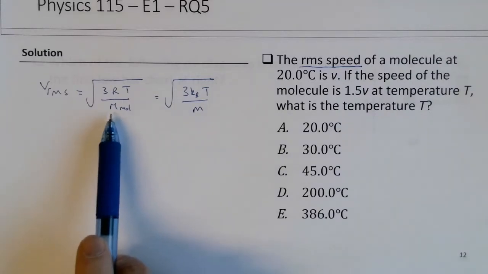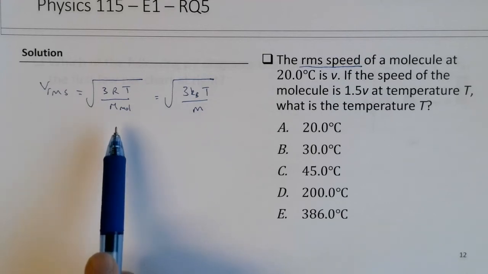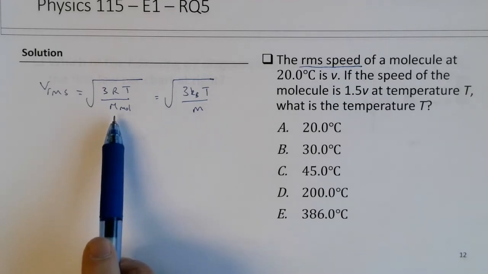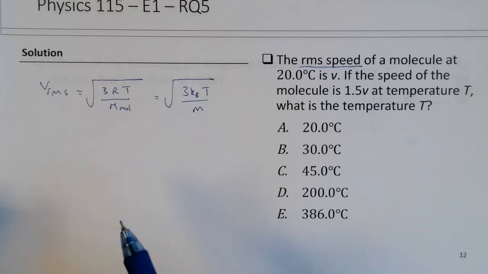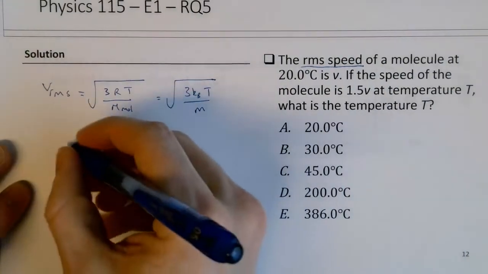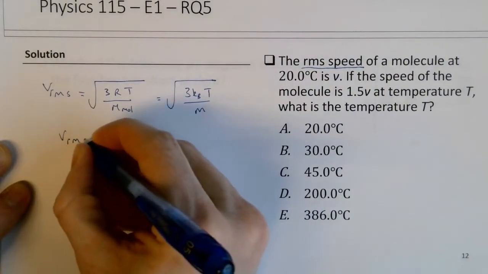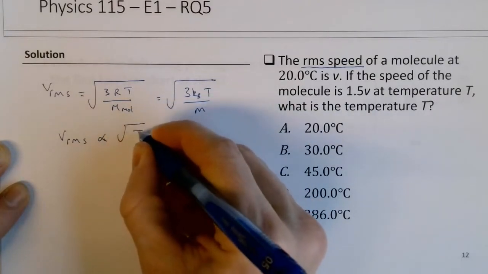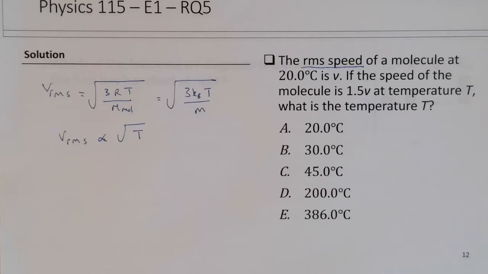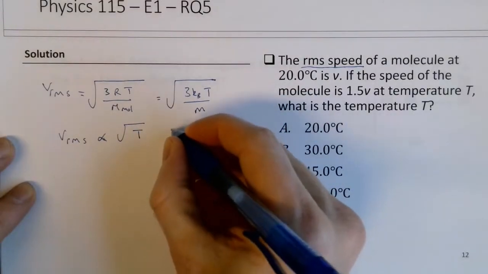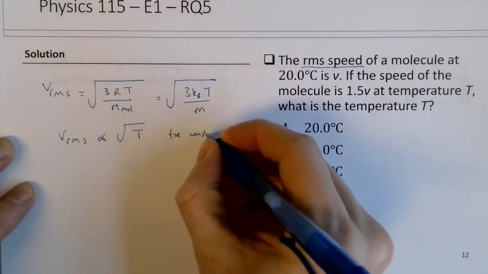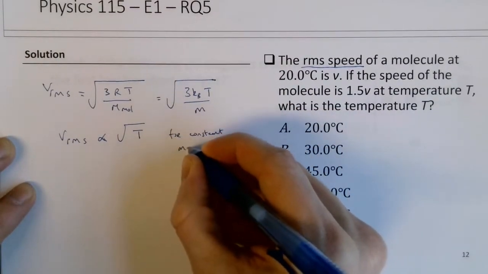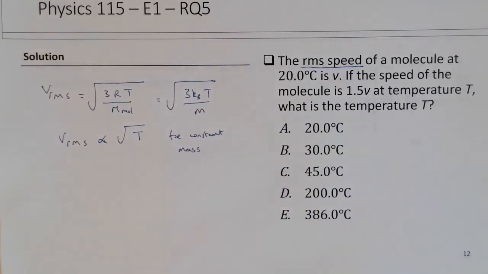So for a given molecule or a single atom, the RMS speed is proportional to the square root of the absolute temperature. So it's proportional. This is where I said it was a proportional reasoning problem. Sort of scaling, and thinking about how quantities scale with each other. So the RMS speed scales with the root of T for constant mass, if you're just thinking about a single gas molecule.